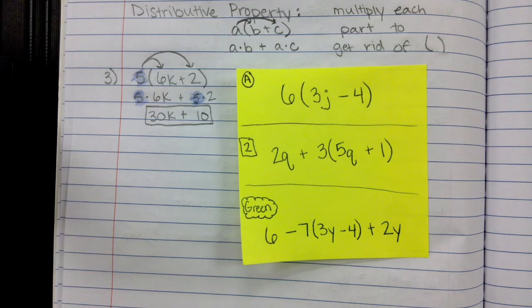It's 17. So close. That's what I got. She told me I did it right. Negative 7, right? How is it 17? Maybe she lied to me. What's 3 times 5? 15. 15Q plus 2Q is 17Q.